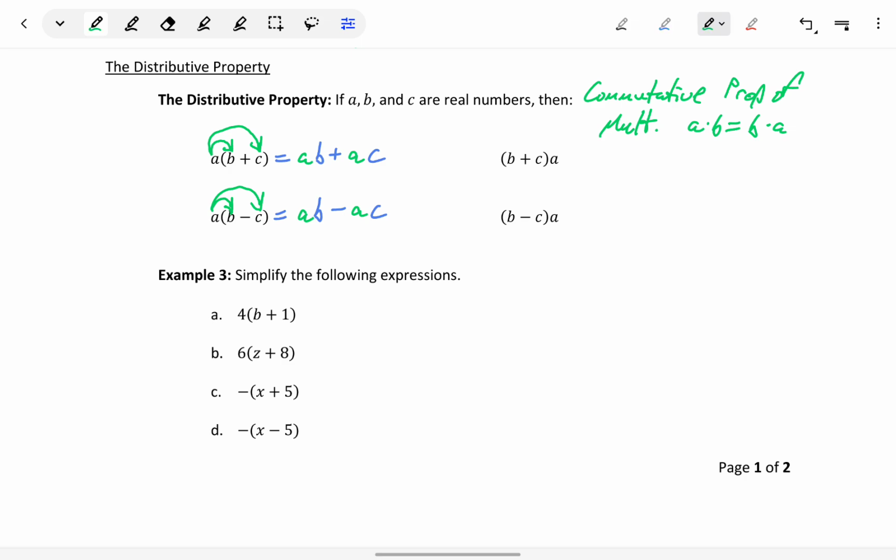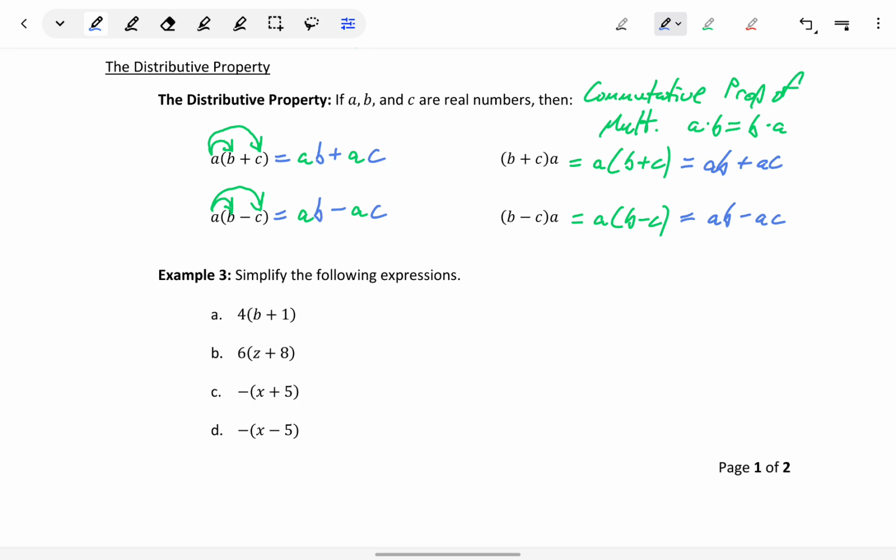We can rewrite this as B plus C times A, or we can rewrite this as B minus C times A, meaning we would end up with exactly the same expression, A times B plus A times C, or A times B minus A times C.